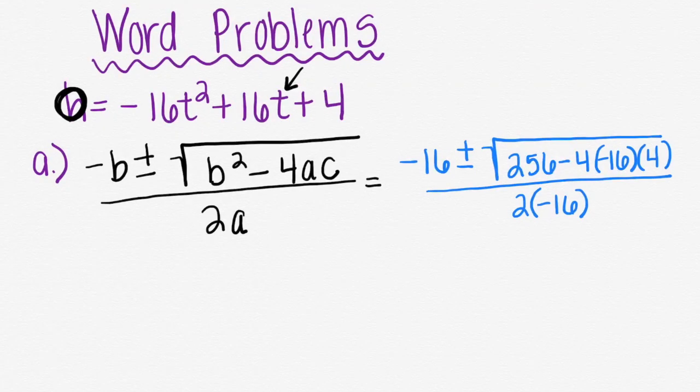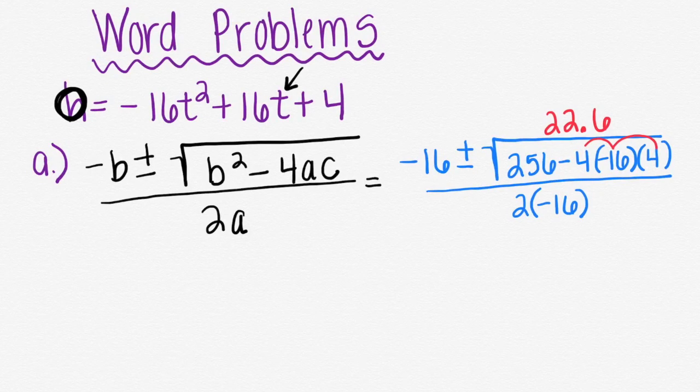Okay, so you multiply together 4, negative 16, and 4. When you multiply those, and you are going to be adding it to the 256, you actually get 256 plus 256, or 512. And the square root of 512 is approximately 22.6.